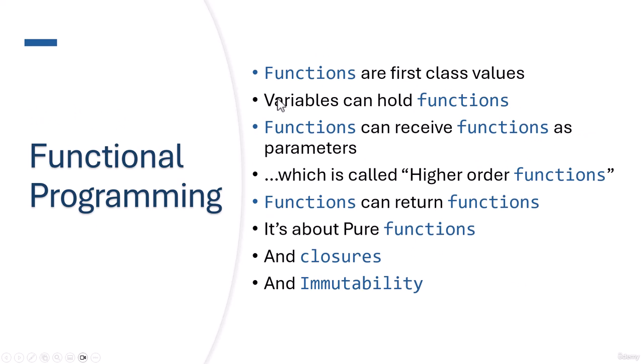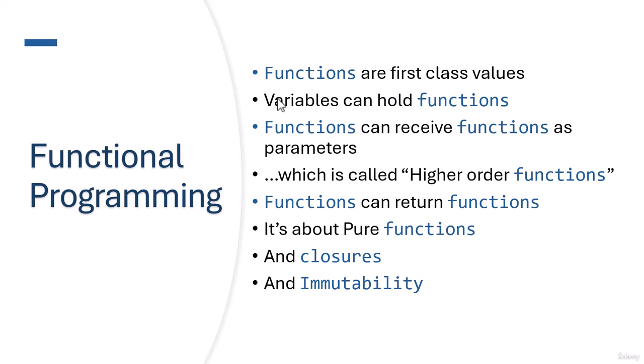In functional programming, functions are first-class values. So that means that variables can actually hold functions. Functions can receive functions as parameters. And this is what we call higher-order functions. Higher-order functions are functions that either receive or return functions.